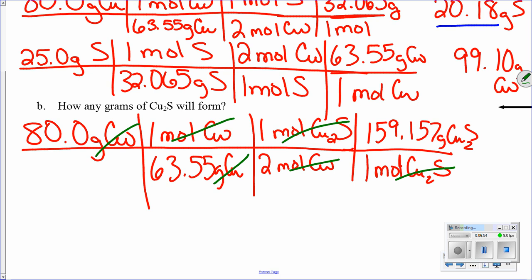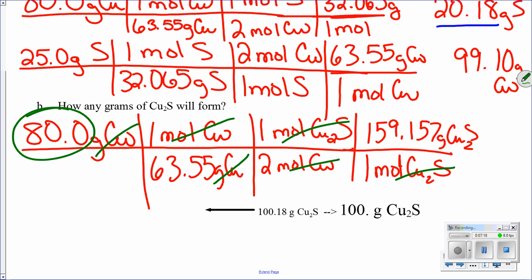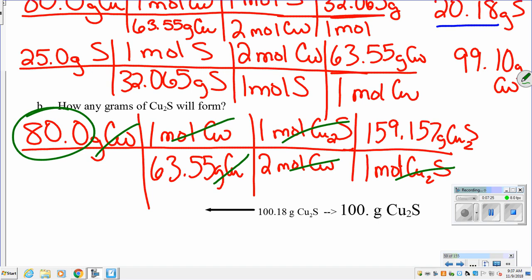So then you can go ahead and punch into your calculator 80 times 159.157 divided by 63.55 times 2. So this tells us, you'll get on your calculator 100.18. We are limited to 3 significant figures, so our limiting number is the 80 grams right here. So this means we will get 100 grams of copper sulfide, based on knowing that our copper limits our production of copper sulfide.